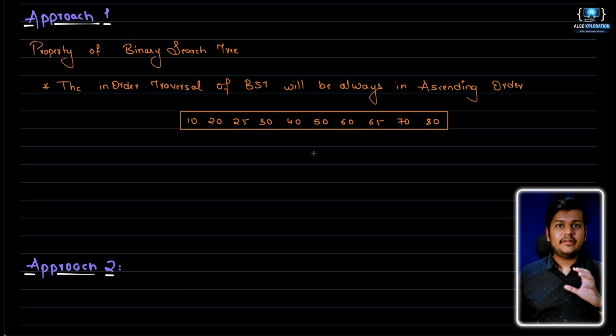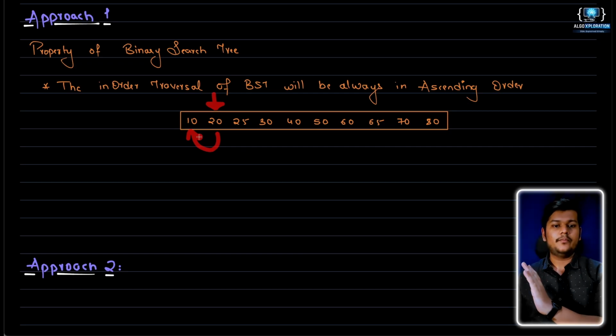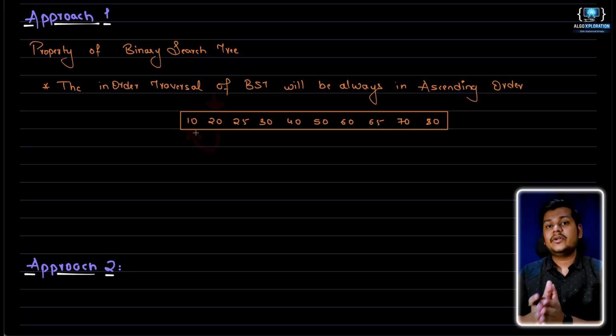After getting this list, start with the first value, the value present at the first index, and compare with the previous value. If the previous value is strictly lesser, move forward. At any point, if you find that the previous value is greater than or equal to, just return false immediately. No need to go further, because you just need one violation to say that the tree is not a valid BST.